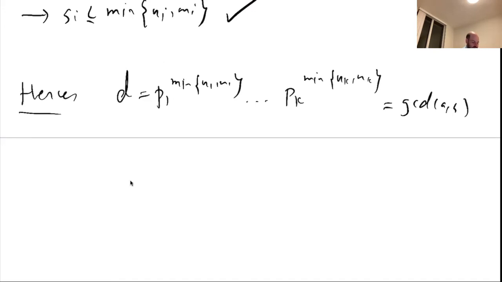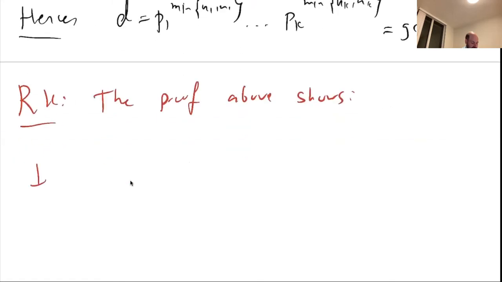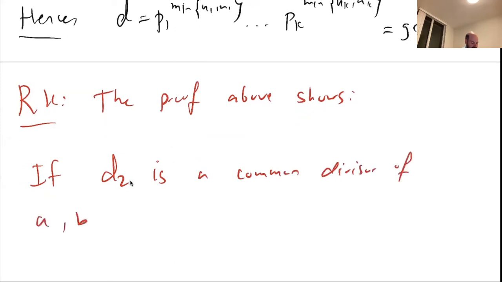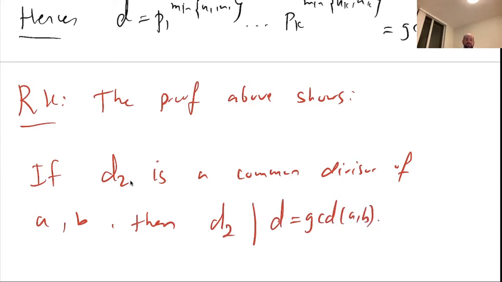So note here, important remark: the proof above shows that if D2 is a common divisor of A and B, then D2 will divide D, which is the GCD of A and B. By definition of GCD, we know that GCD is the greatest common divisor.